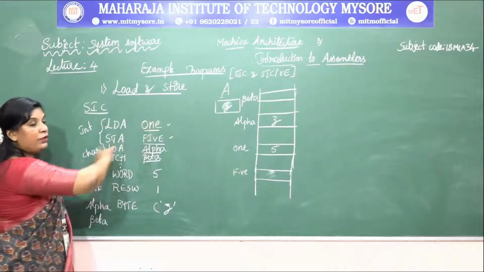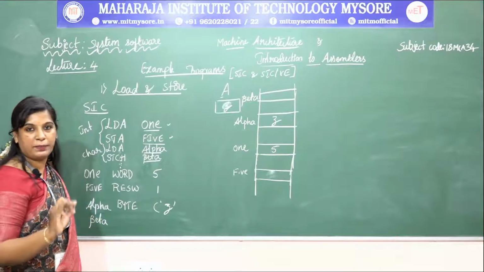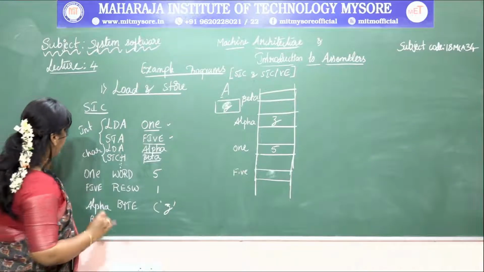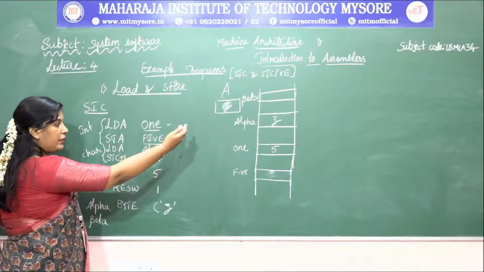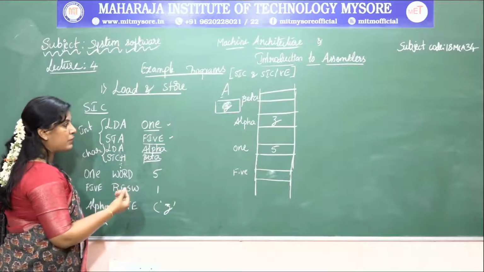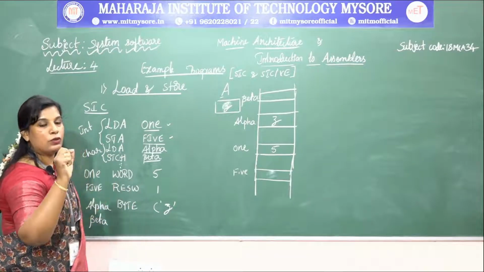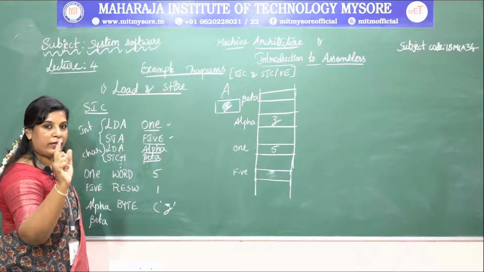Beta initially has no assigned value, so it is reserving space. What we reserve there is the character byte. I want to move only 1 byte of information, so we reserve only 1 byte.